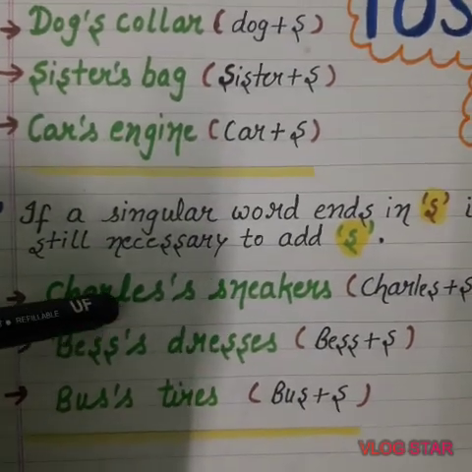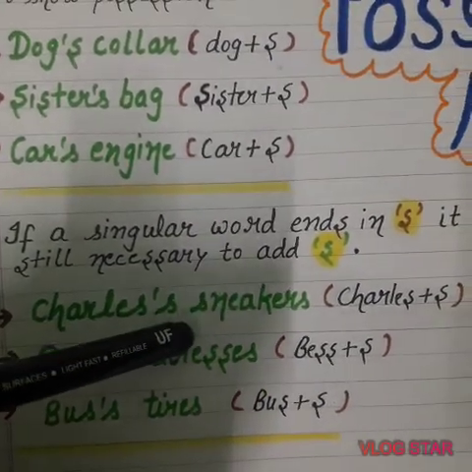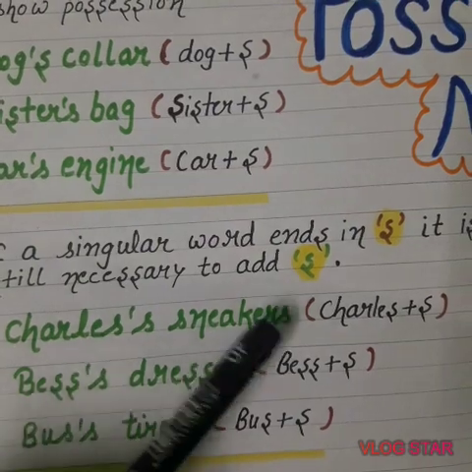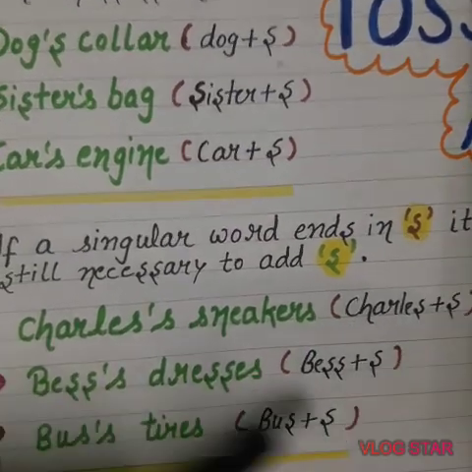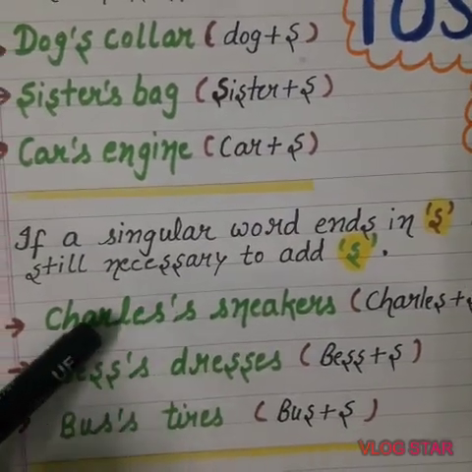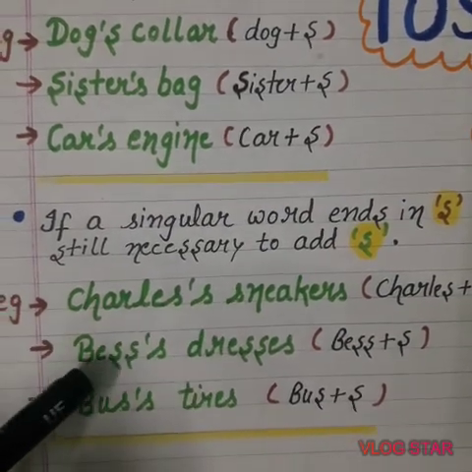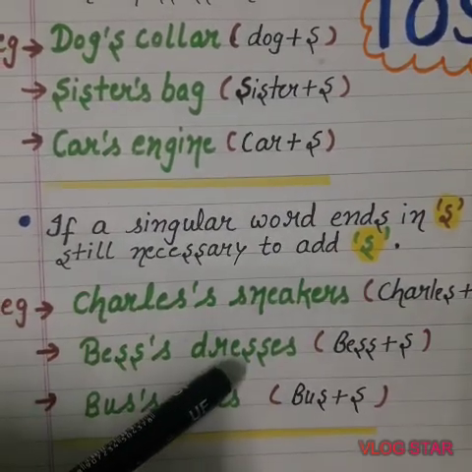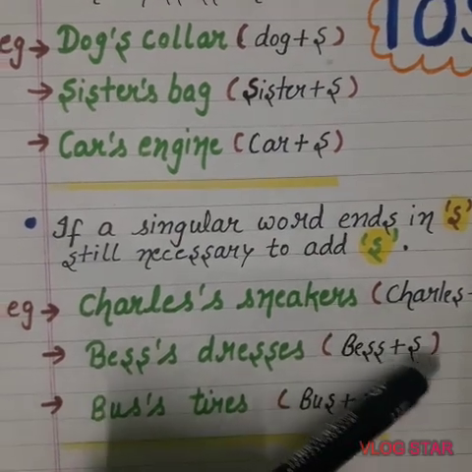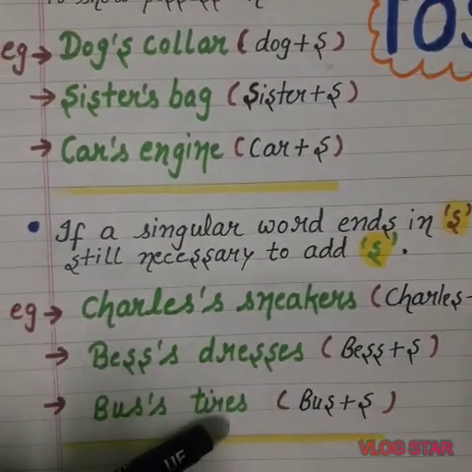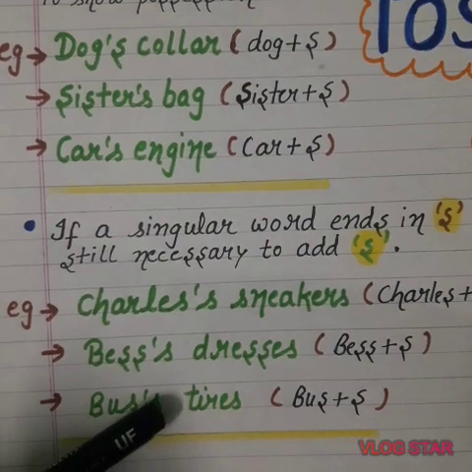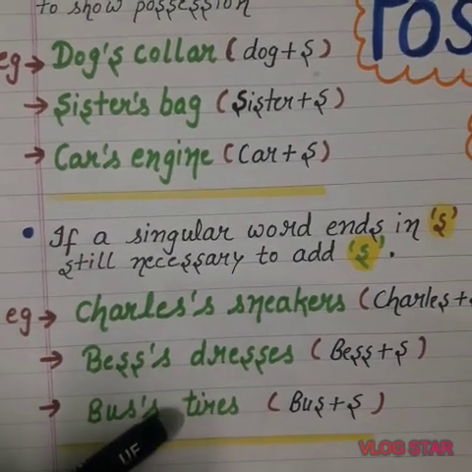Like Charles's Snickers. So it will be Charles plus 's. Write the name Charles, then apostrophe, then s. Bus plus 's, bus's tires, bus, apostrophe and s.